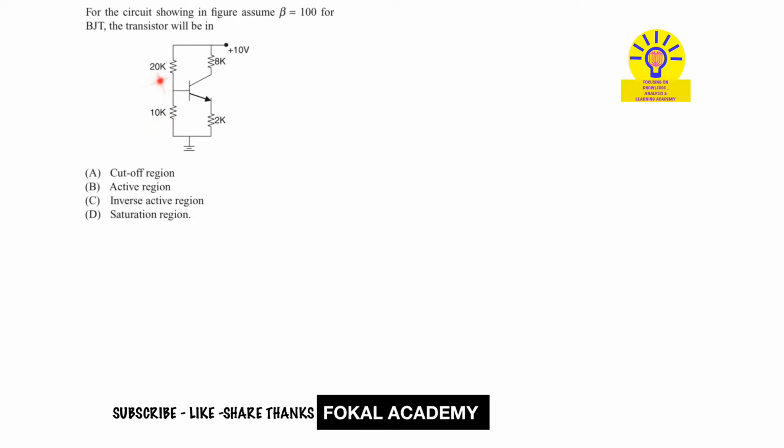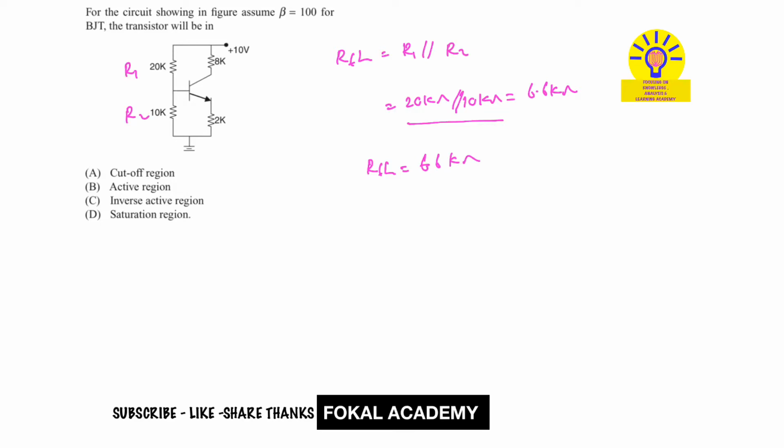RTH is nothing but R1 parallel to R2, that is 20 kilo ohms parallel to 10 kilo ohms. After simplifying, we get 6.6 kilo ohms. So RTH equals 6.6 kilo ohms.